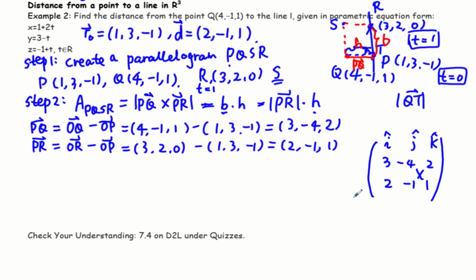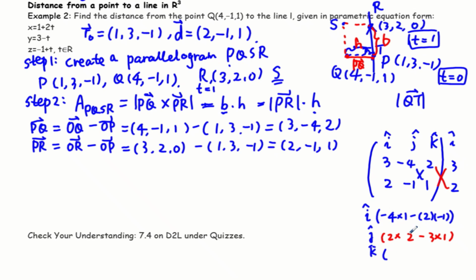The i direction is -4 times 1 minus 2 times -1. Then for the j direction, we move the i to the back and continue. So the j direction, cross j out, is just 2 times 2 minus 3 times 1. Then the k direction, cross k out, is just 3 times -1 minus 2 times -4.